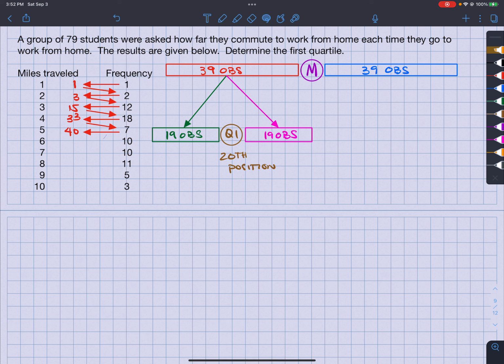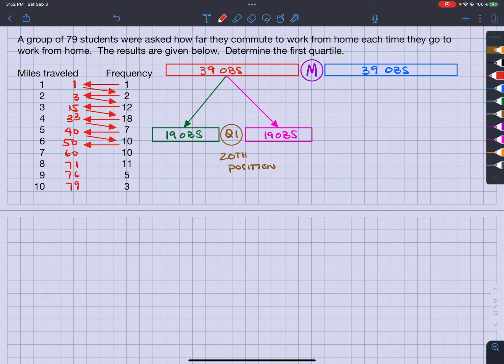By the end of all my 6s, I'll be at my 50th position. After all my 7s, the 60th position. After all my 8s, I'll be in the 71st position. After all my 9s, I'll be at the 76th position. And after all of my 10s, I'll be at the 79th position.